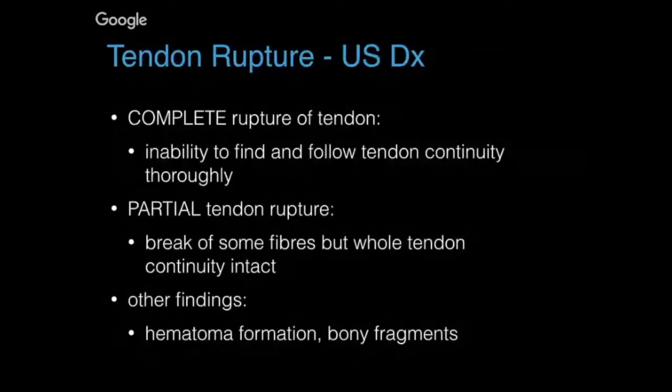So when a complete rupture is present, there's disruption in that tendon continuity, and you can't find and follow it throughout. But you can also have a partial tendon rupture where there's a break in some of the fibers, but the whole continuity remains intact, so it's a partial tear. Or you can have other findings as well, like hematoma formation within the tendon, or you can find bony fragments that cause a shadow beyond it.